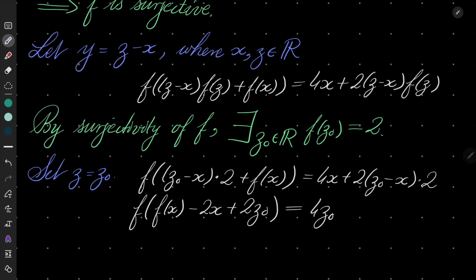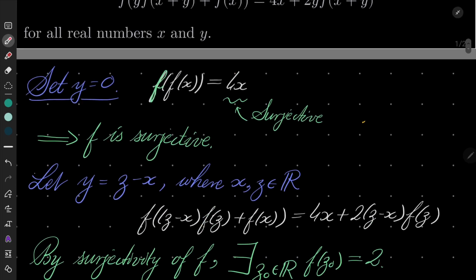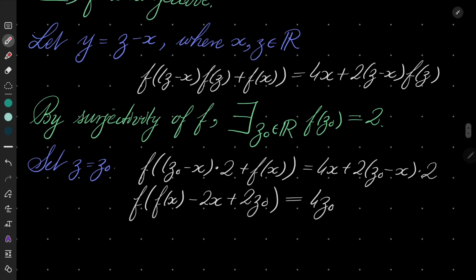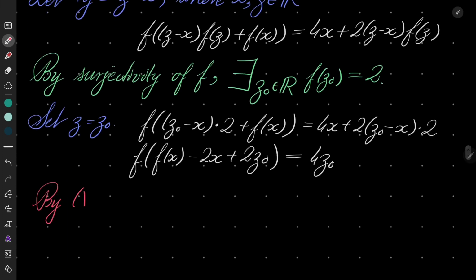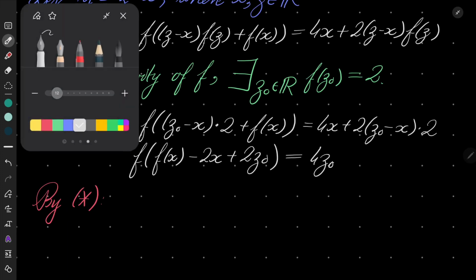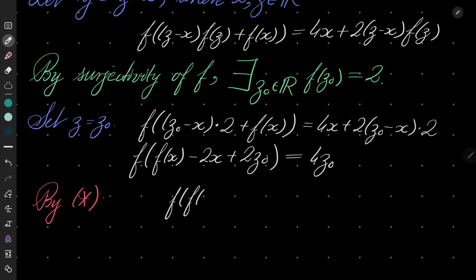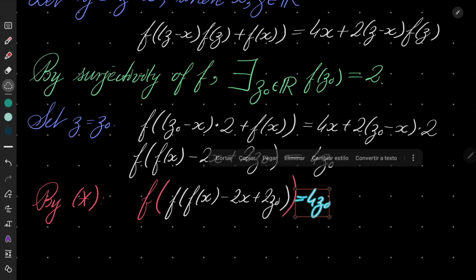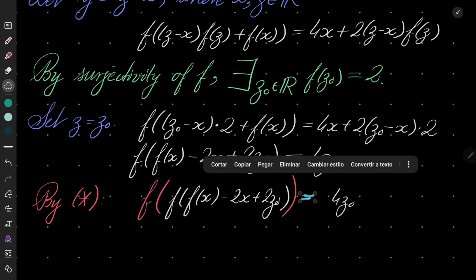And now we will make use of the fact which we have established at the beginning of our video, namely that f of x equals 4 times x. I will mark it asterisk, by our condition asterisk. I will take my equation once again and I will put f of x on both sides, or I will apply function f on both sides.